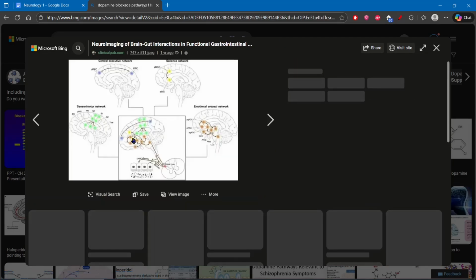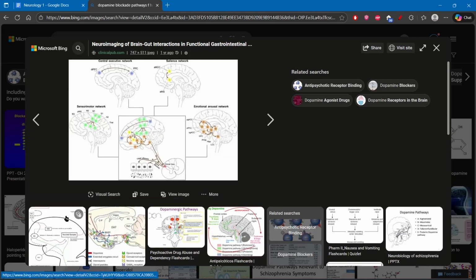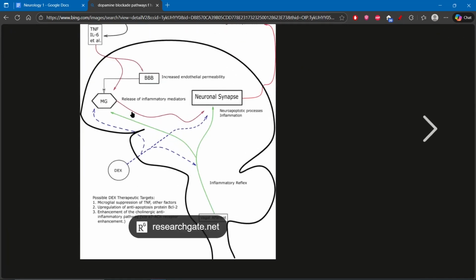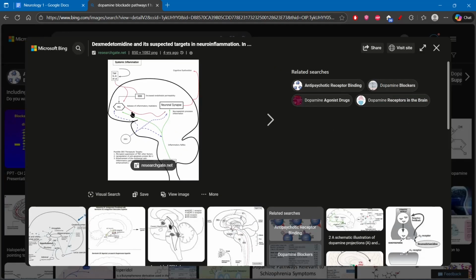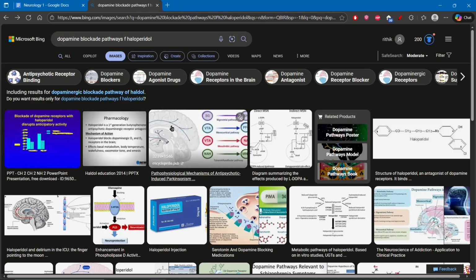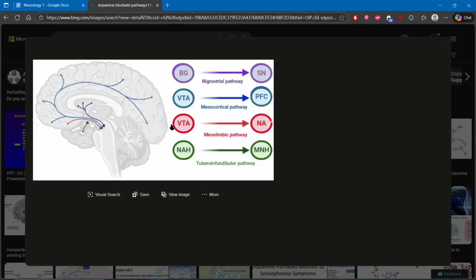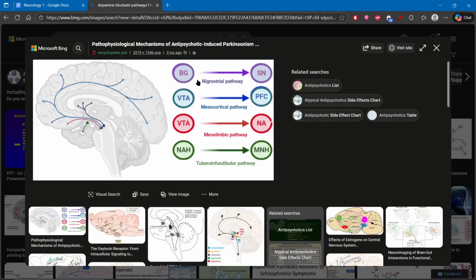If I could get a better picture, this is not a better picture. This is a better picture. Nope. Let's go back to that one. Right, so due to the blockage of the nigrostriatal pathway, the side effects occur. But due to the blockage of the mesolimbic pathway, the medicine is actually able to work.